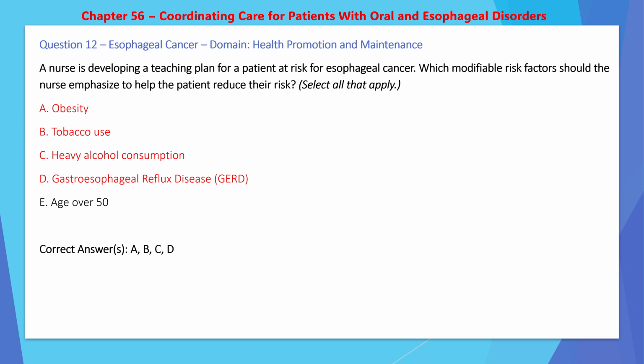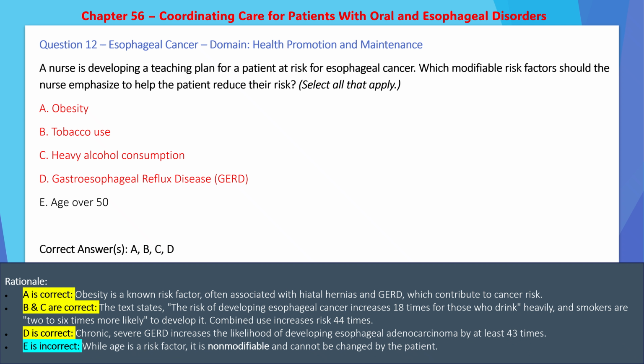A is correct because obesity is a known factor often associated with hernias and GERD. B and C are correct because the text says the risk of developing esophageal cancer increases 18 times for those who drink heavily, and smokers are 2 to 6 times more likely to develop it.